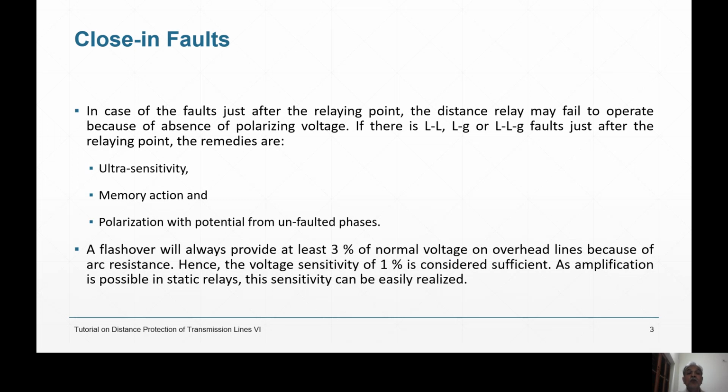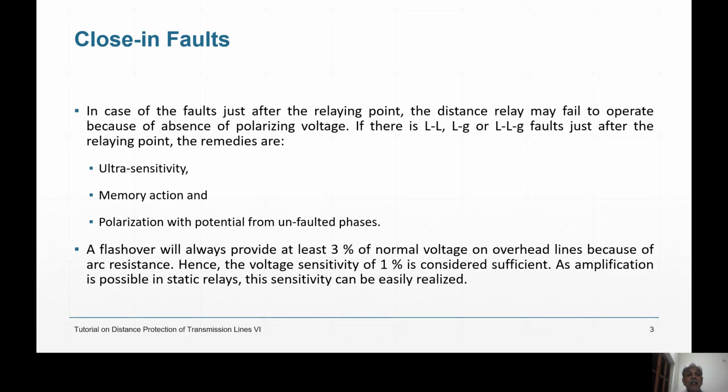Now torque is proportional to VI cos phi. If you say I'm talking about a fault at a particular location, so phi is constant. If theta equals phi, then torque is maximum. That is known as the maximum torque line.